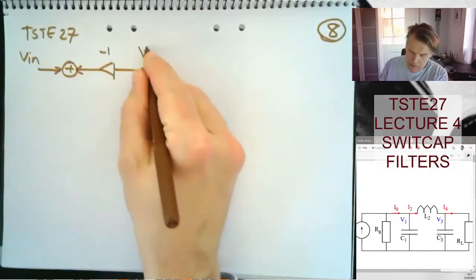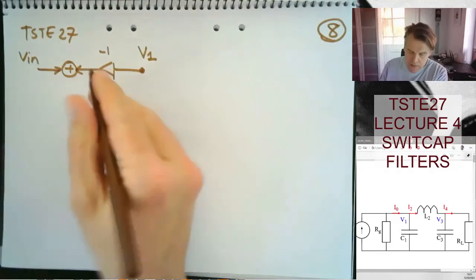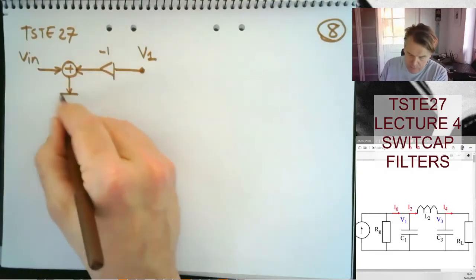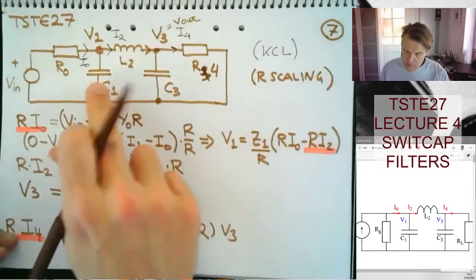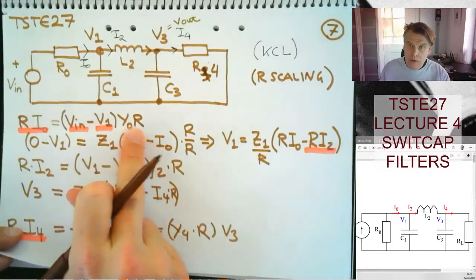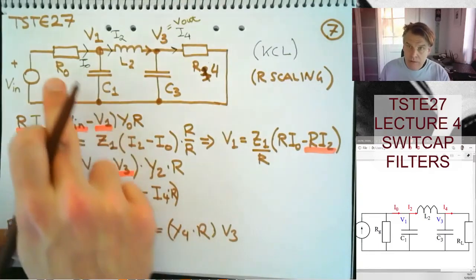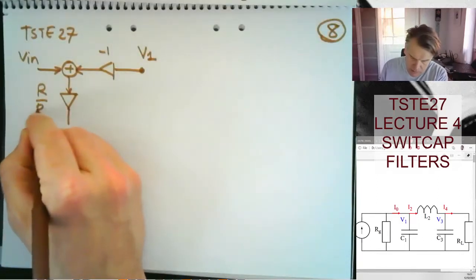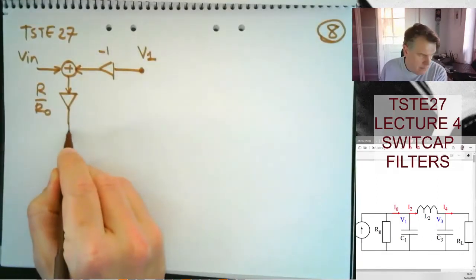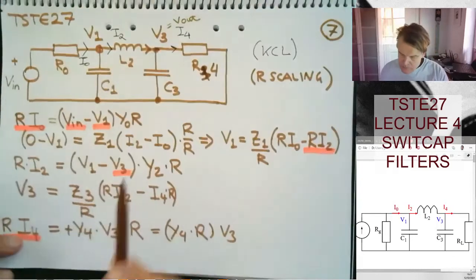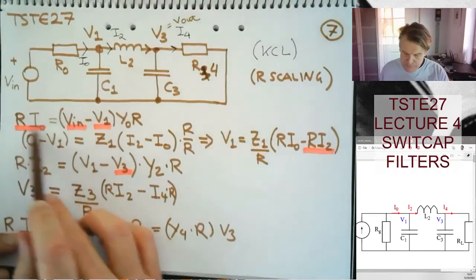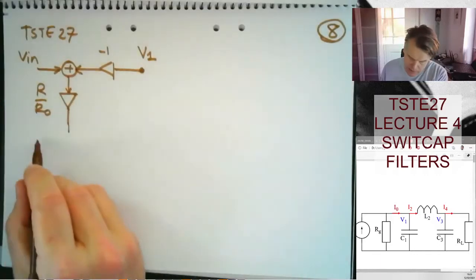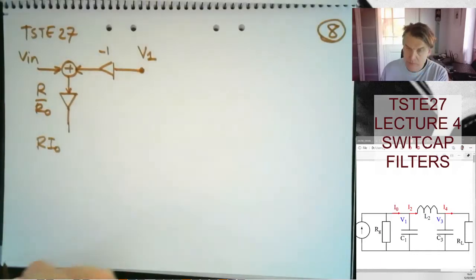So here I have V1. And then I just multiply with Y naught R, and we know what Y naught is. That's the inverse of R naught. So this is R divided by R naught, like this. Okay, so that gives me this guy, Ri naught. So down here I have Ri naught.